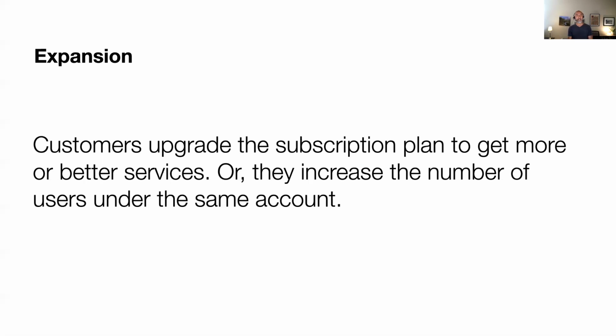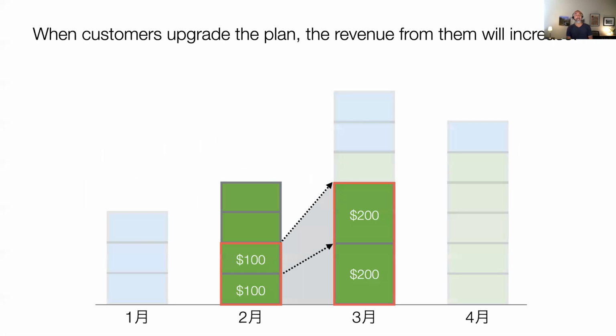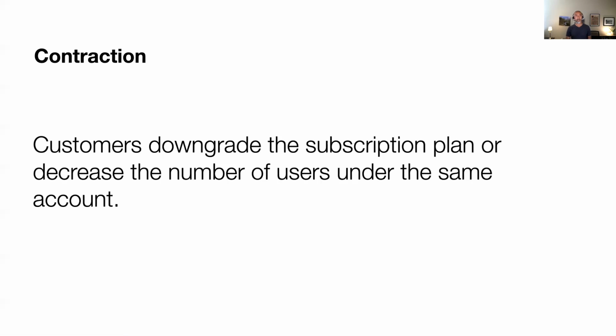So upgrading or adding new users are all considered expansion. And when customers upgrade a plan, the revenue from them will increase, right? But customers can also downgrade with a usual business service, or decrease the number of users. These we call contraction.